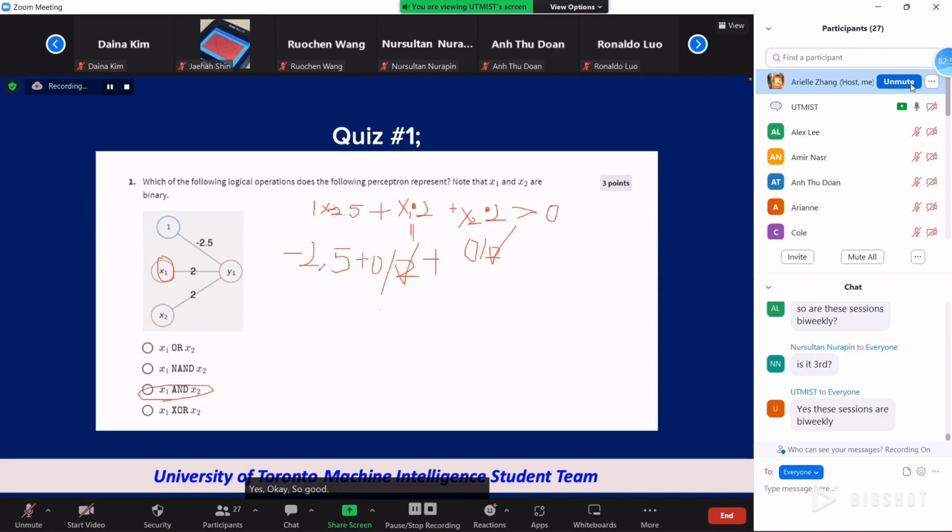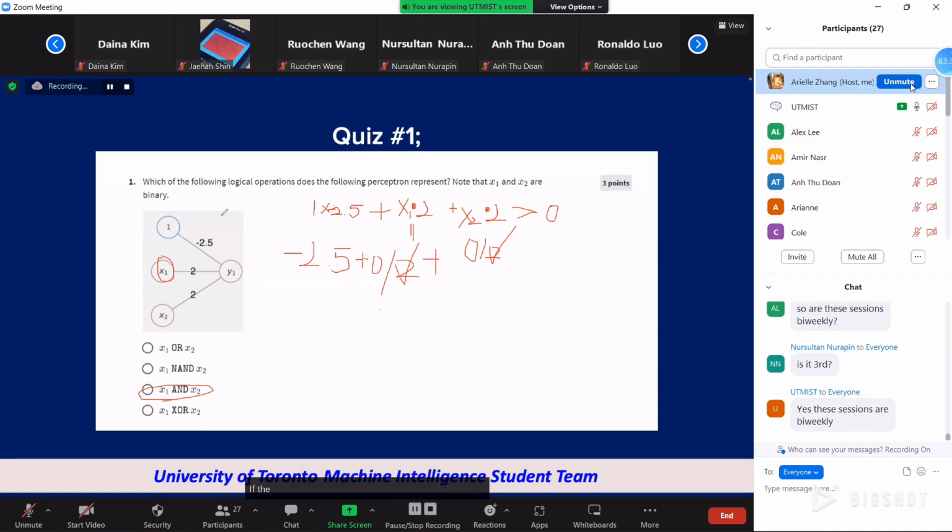So greater than 0. It's just the summation of different terms. What I've done here is I basically take the input, multiply it by the edge weight, and sum it at the y parameter, right? And in that process, because we have a 2.5 factor here, it doesn't exactly work as a logic gate. It just means that if your output is larger than 0, because the outputs here are binary, then it's positive.